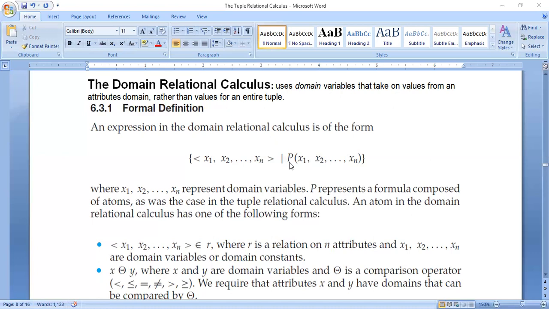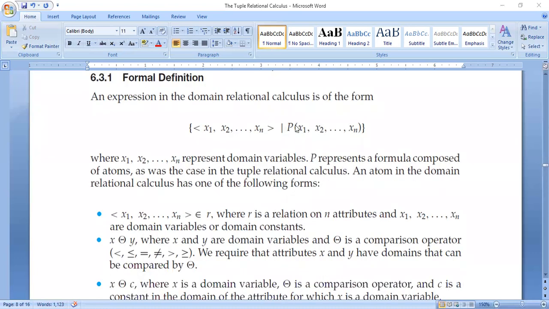Now this predicate can take several forms. The first form is that we can write that these domain variables are in the relation R. The second is that we can write an expression such as x operator y, where x and y are two different domain variables, and this operator can take any of these forms.